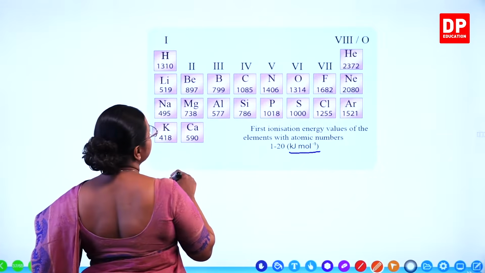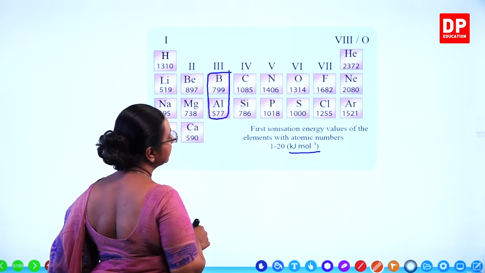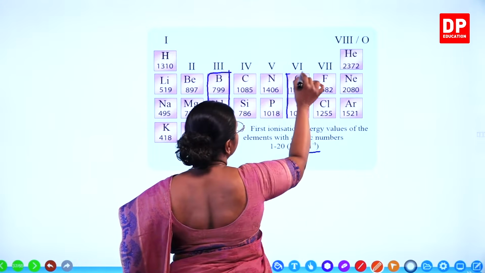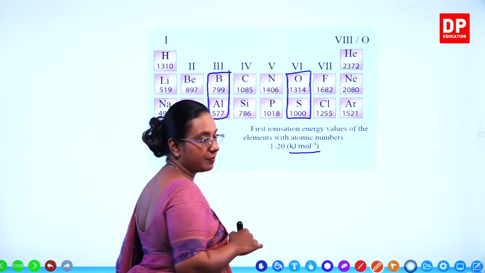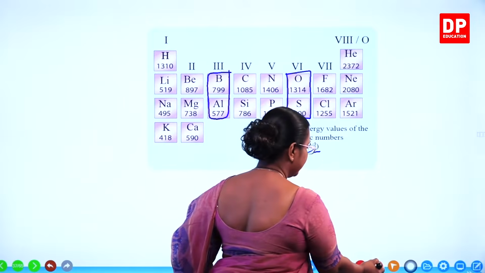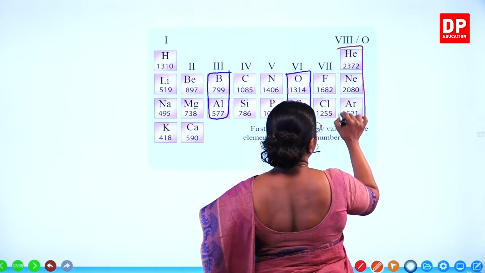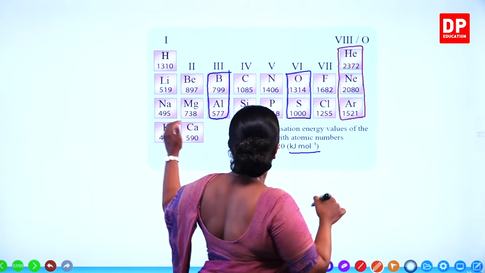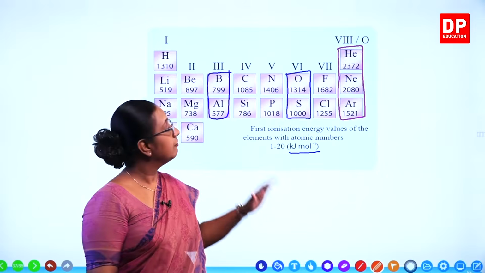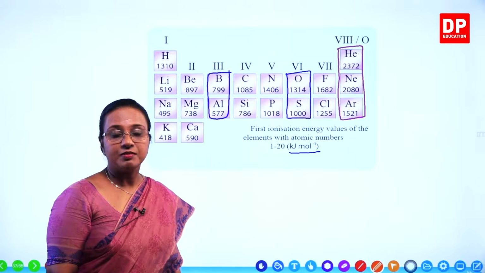So you can see for the third group there is a drop in the first ionization energy. Again, for the sixth group, there is a drop in the first ionization energy. But you can see that the first ionization energy value is very high for all the group 8 elements when compared to the rest of the elements in the same relevant period.